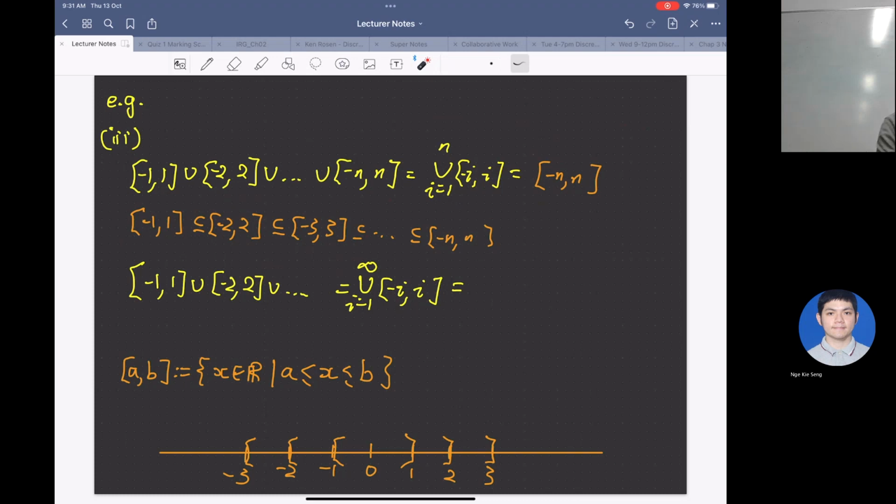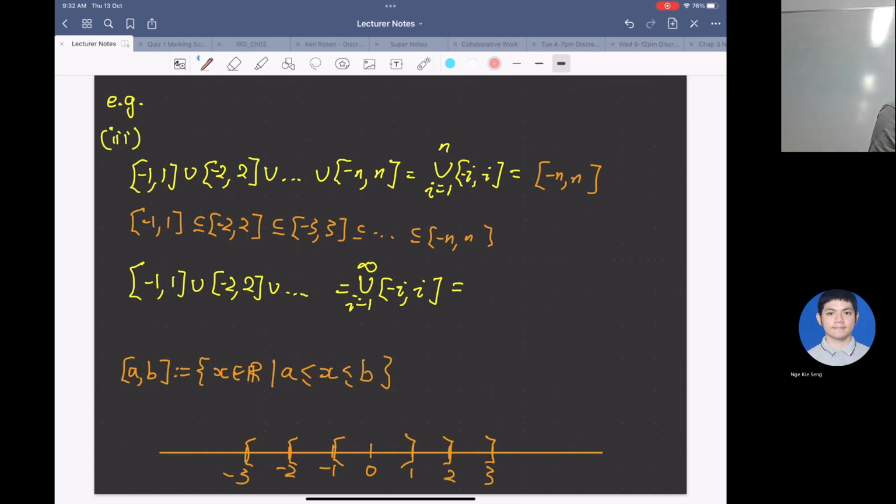But the infinite one may be a bit tricky. Any idea for the infinite one?